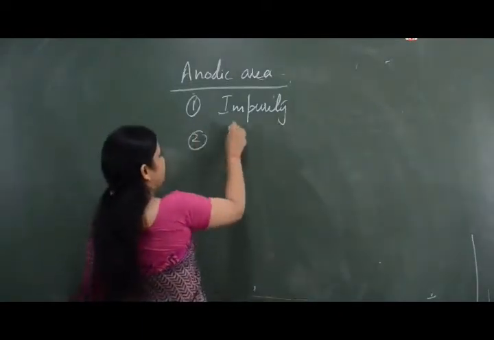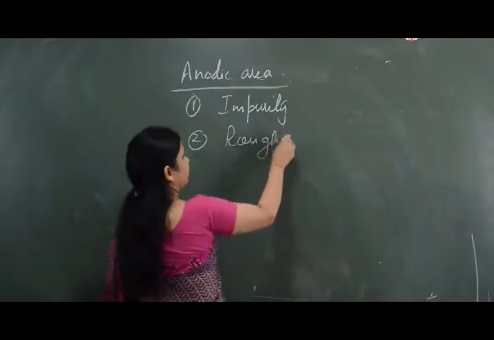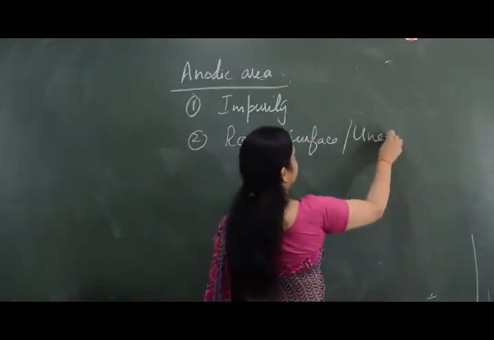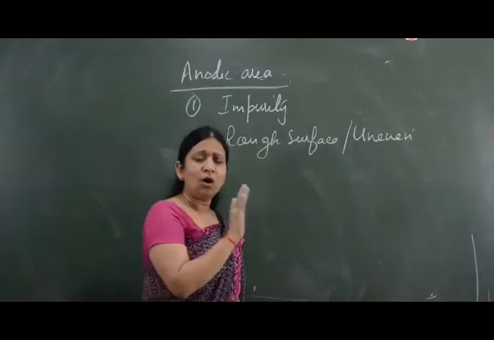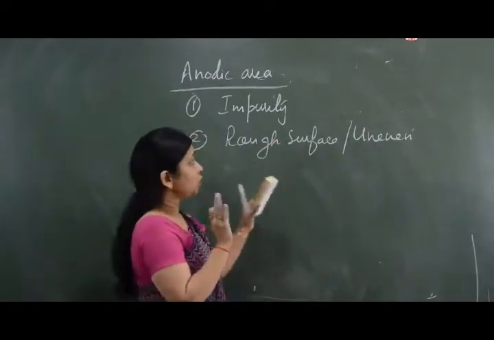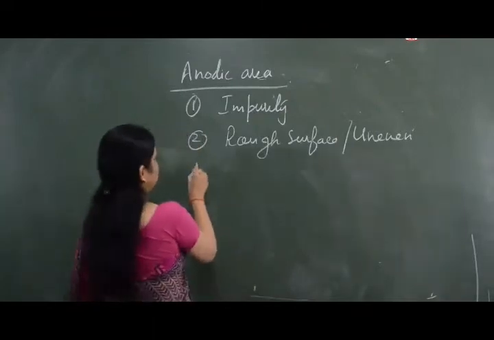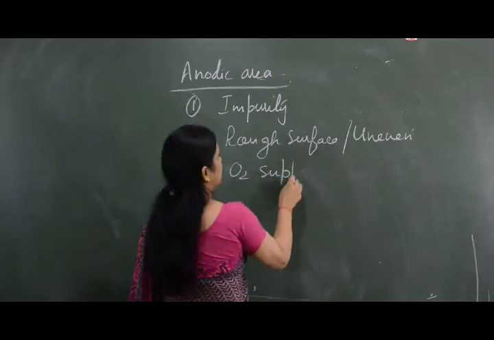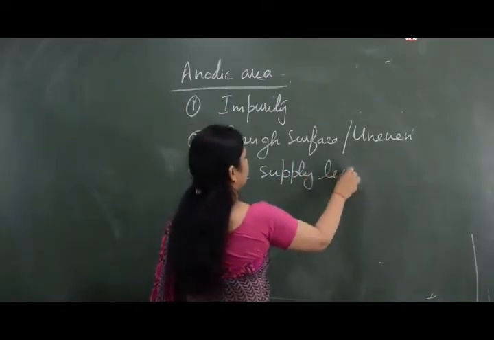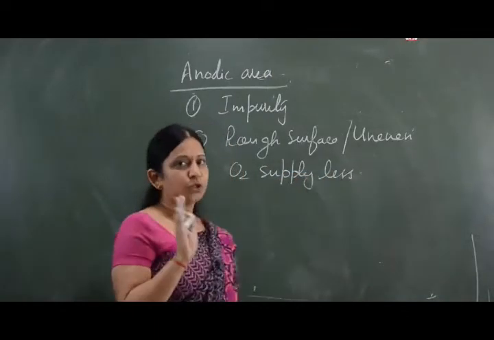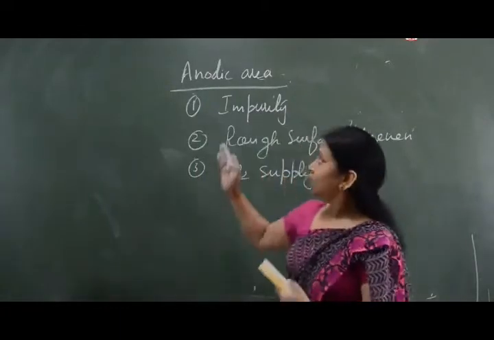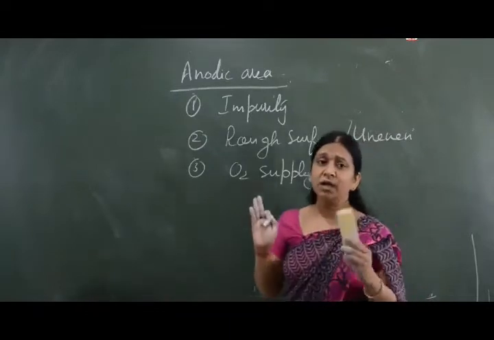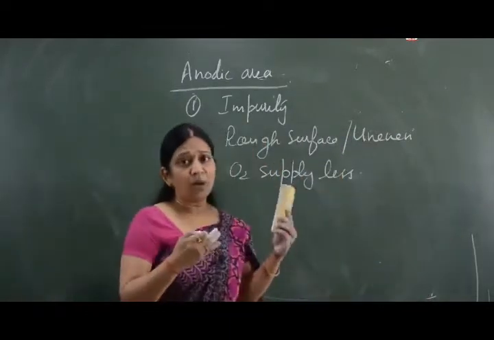A rough surface, uneven surface, both of these surfaces are going to behave as anode. Third, the portion where oxygen supply is less is going to behave as anode. So these are the conditions where anodic areas are formed.